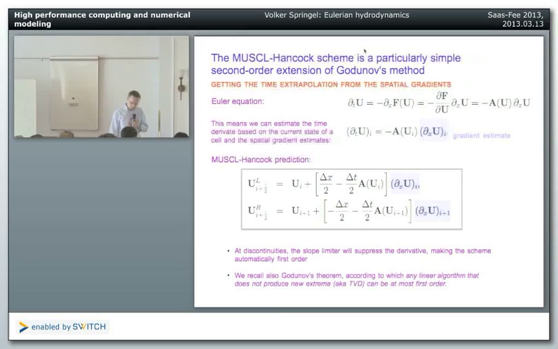So the scheme we have is not really exactly linear, but it's clearly intuitively related to this sort of behavior. Basically, Godunov's theorem says that a simple algorithm cannot be simultaneously second order and total variation diminishing.